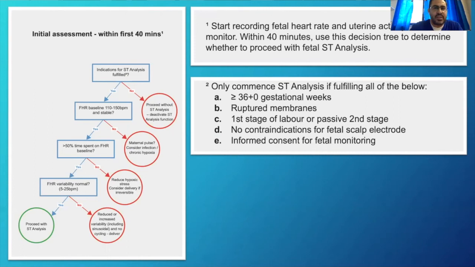When we start the STAN recording, we need to look within the first 40 minutes and make a decision whether it's appropriate to use STAN for this baby. We start off by making sure that this baby is more than 36 weeks. And obviously the baby has to have ruptured membranes because STAN works with a fetal scalp electrode. STAN should only be started in the first stage or passive second stage.